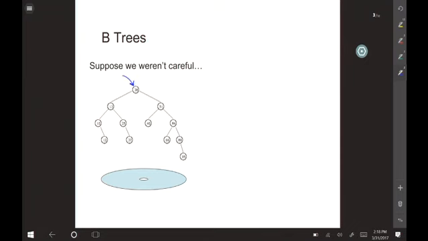What key could I insert into the structure to make it an AVL tree? 42 will work, yep. So I'm going to insert 42, because I want to talk about AVL trees for a minute, and now this satisfies the balance characteristics of an AVL tree.